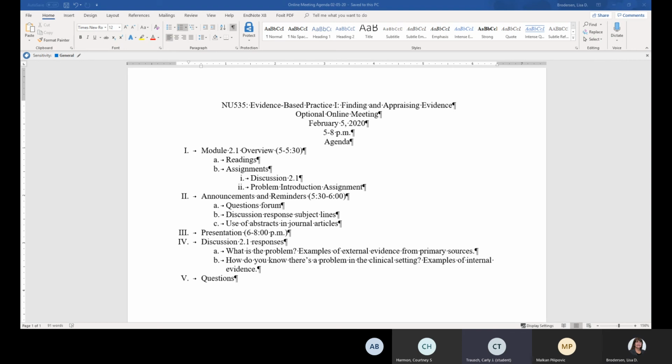So for internal evidence for my discussion post, I talked about how the EHR is a good source for finding data. There's a lot of collected data because we chart on patients experiencing nausea and vomiting and the interventions that we do for that.